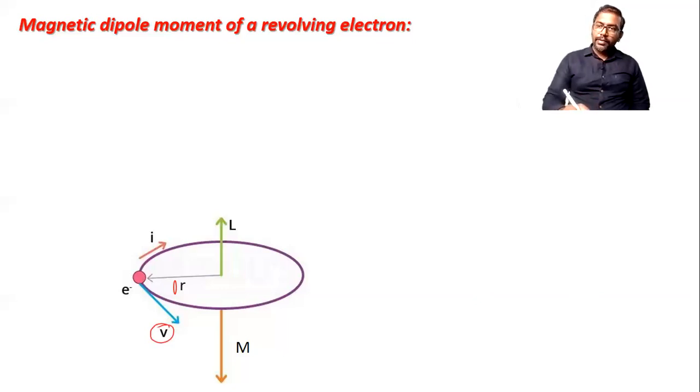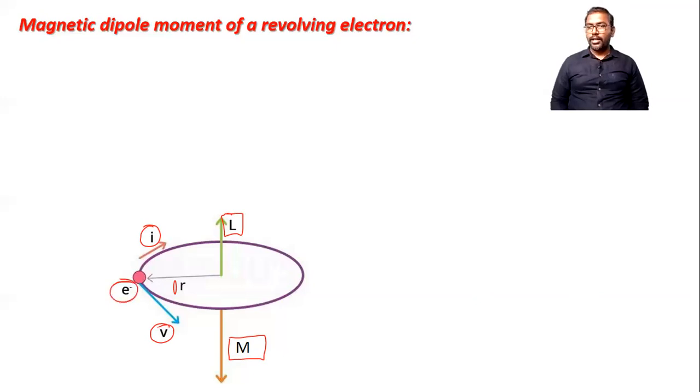As the electron is revolving in a circular way, I is the circulating current. Capital M is the magnetic dipole moment of this revolving electron. Capital L is the angular momentum of this revolving electron. And e is the charge. The electron has a negative charge, so we can write minus e, or simply e, as the charge on the electron.